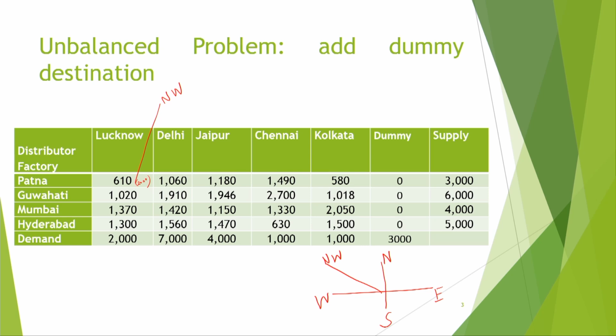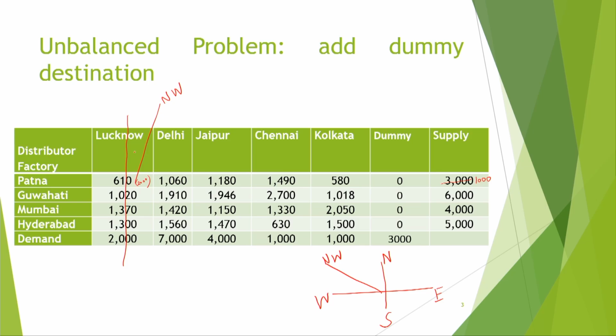So I did this in the northwest corner, and I have fulfilled all the demand of Lucknow. So I can strike this, and we cannot give anything more to Lucknow. Here I can adjust the supply to 1,000, because 2,000 I have taken. So now the Patna factory has 1,000 remaining items.